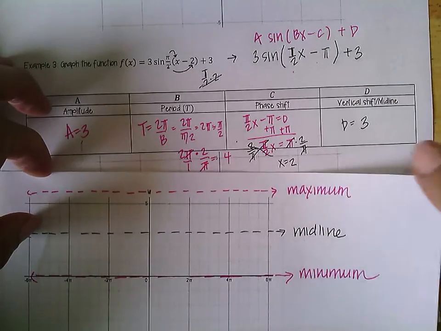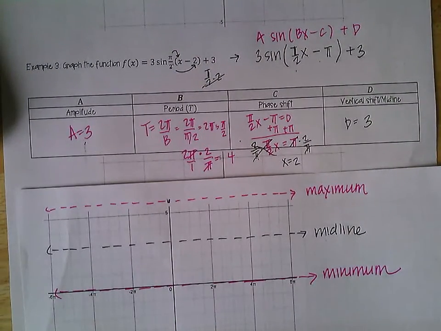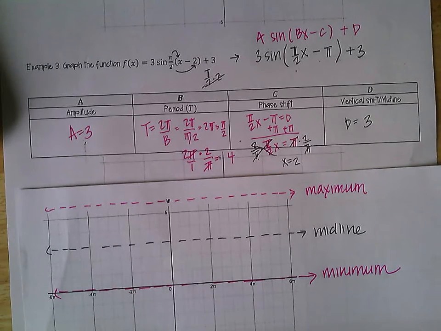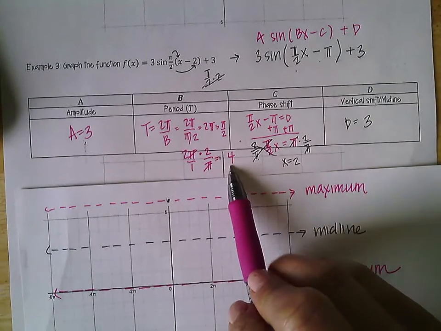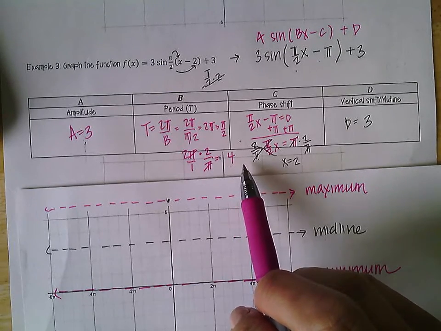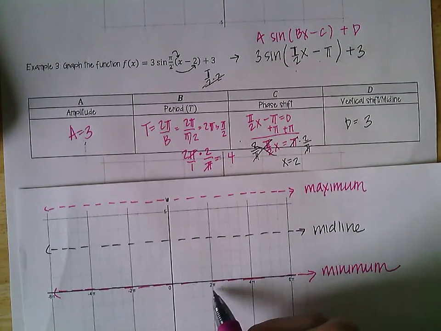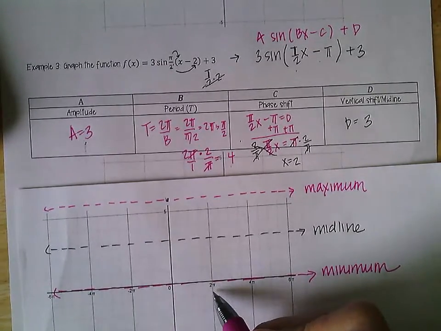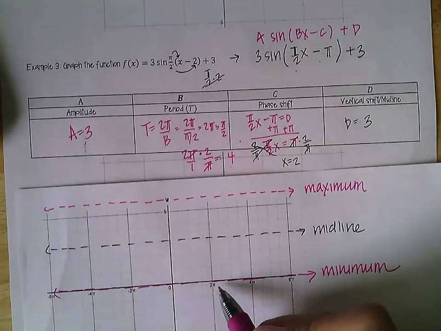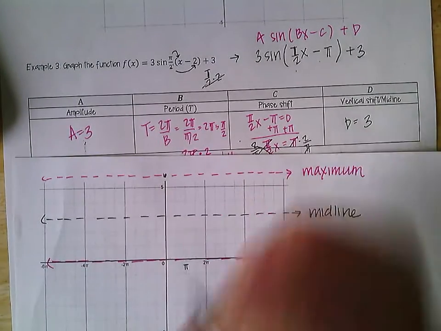So now we're going to go ahead and graph. This is going to take 4 as our period. So every 4 it's going to complete 1 full cycle, and we also have a phase shift at 2. So if you look here, 2 pi is 2 times 3.14. So 2 times pi is about 6 point something. This right here is regular pi, which is about 3.